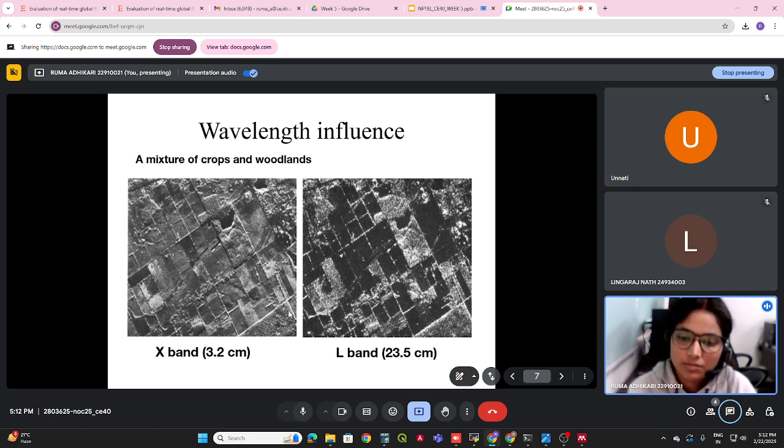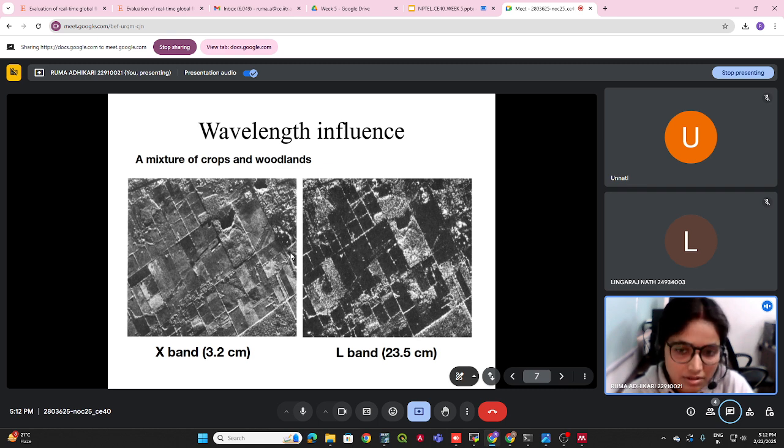Here you can see similarly the influence due to the wavelength. So it is agriculture fields, a mixture of crops and woodlands. Agriculture plots are there. So in expand, look at how it appears, the color and contrast. That has a wavelength of 3.2 centimeter around. L band has a very much higher wavelength, 23.5 centimeter, and this is how it appears.